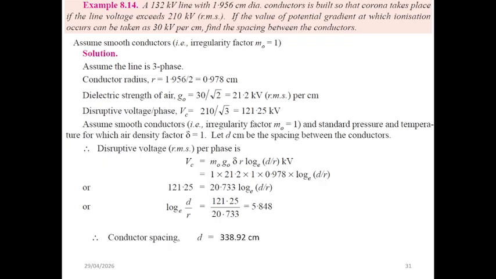So solving for d results in a conductor spacing of 338.92 centimeter. Therefore, the required spacing between conductors to avoid corona below the specified voltage is approximately 3.39 meters.